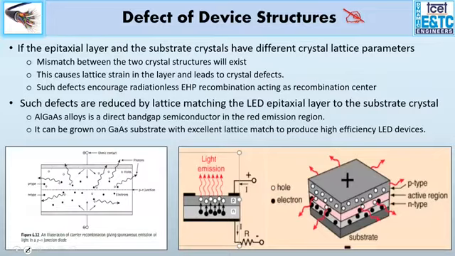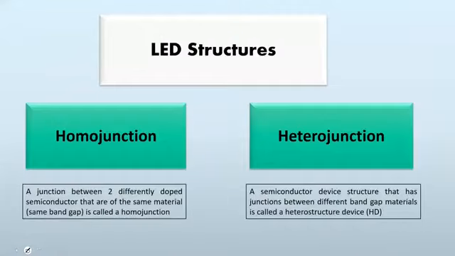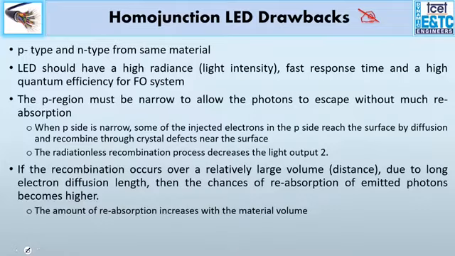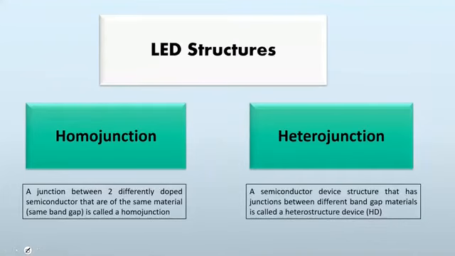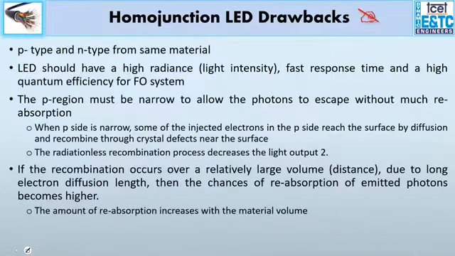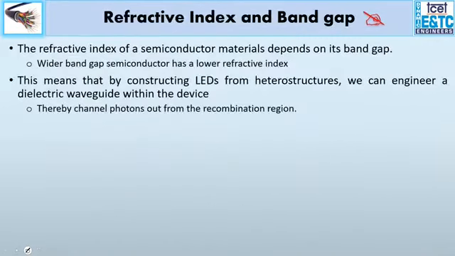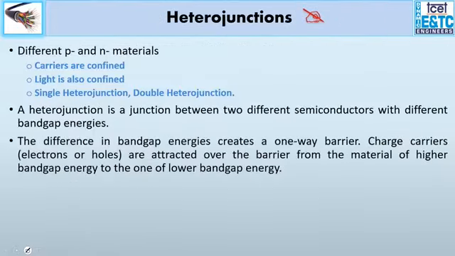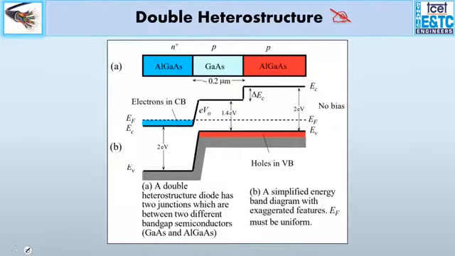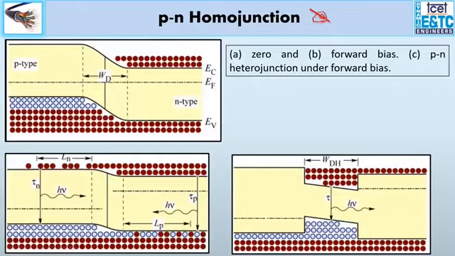Now, first I will tell you this and then we will come. So homojunction, as I was talking about, is the active layer, or basically the region where you want the recombination to take place. Wherever you want the recombination to take place, you simply apply a forward bias.